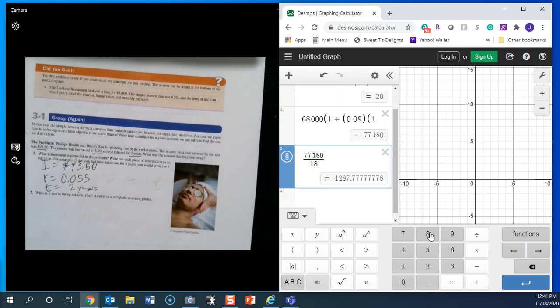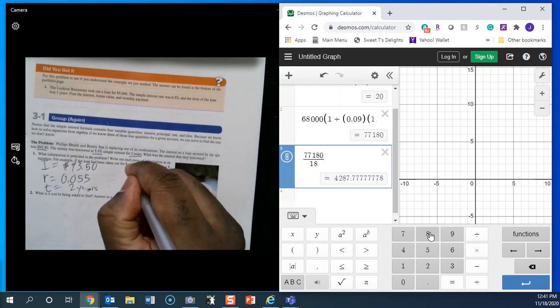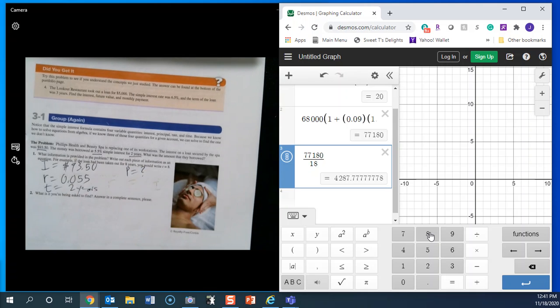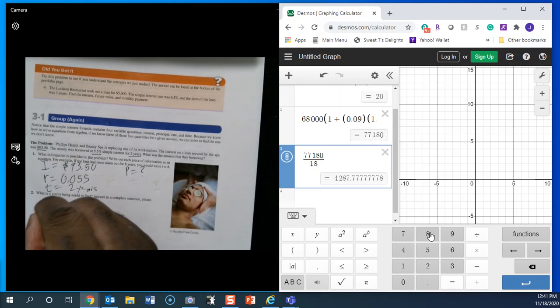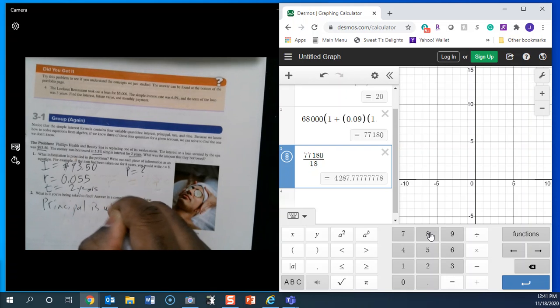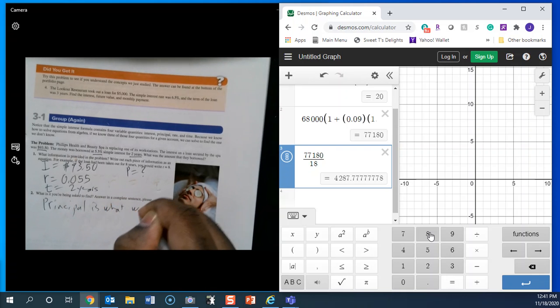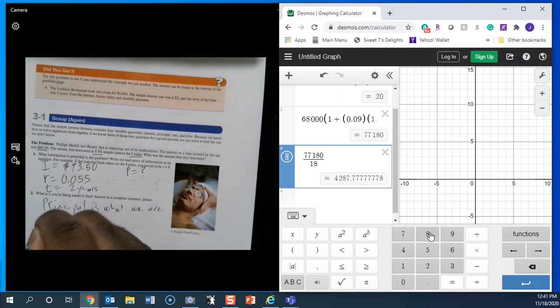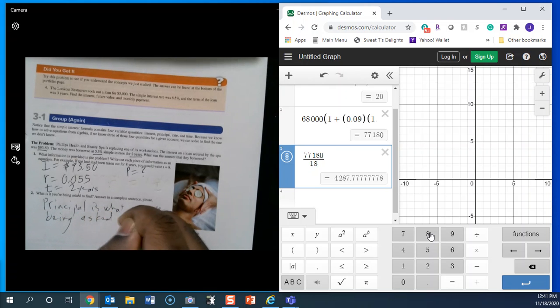Now what we don't know here is the principal. That's the only thing we're basically missing from this. It says, what is it you're being asked to find? Principal is what we are being asked to find.